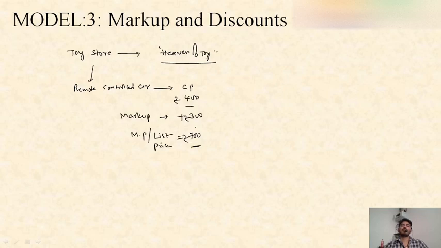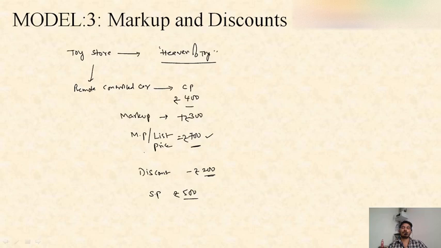Next, in order to attract customers and encourage more sales, you decide to offer a discount of 200 rupees on the market price of the item. So the selling price will now be 500 with the applied discount.